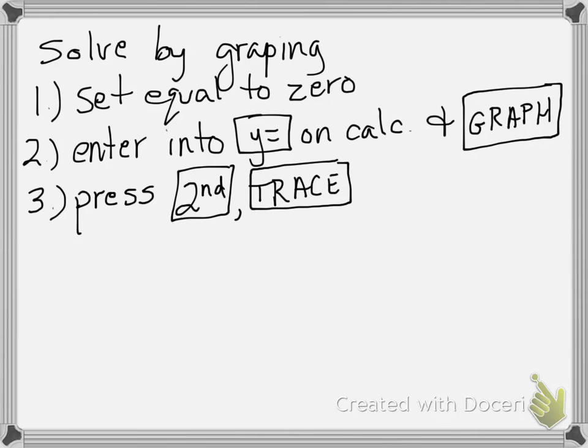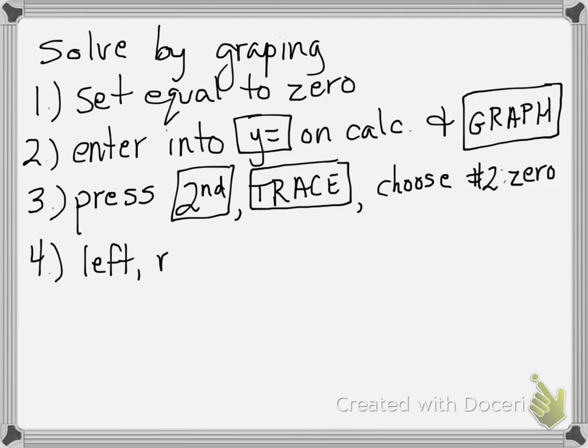And we're going to choose number 2, which is zeros. From here, it's going to ask you for left bound, right bound, and then guess. And after you do this with your cursor, each time hit enter between them.